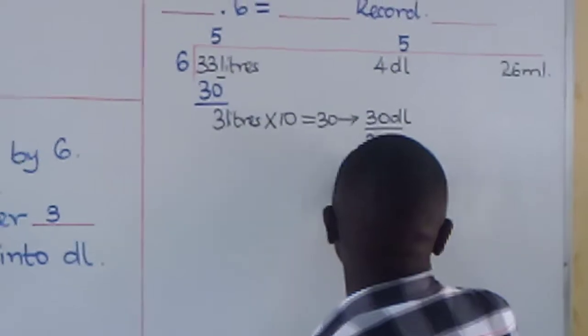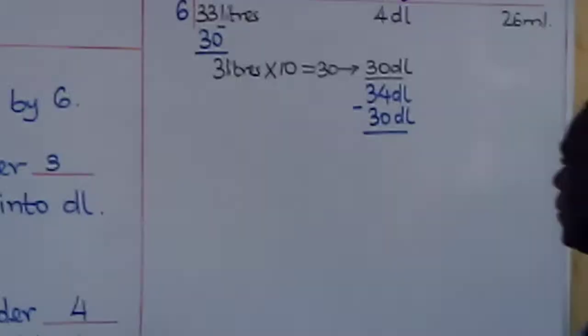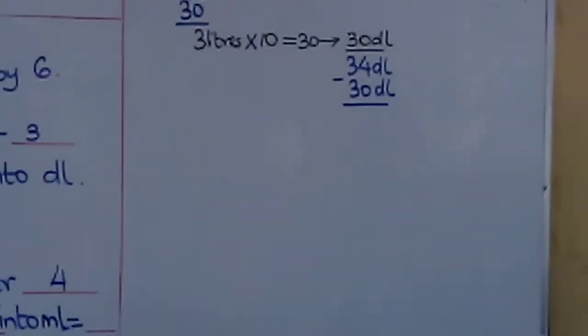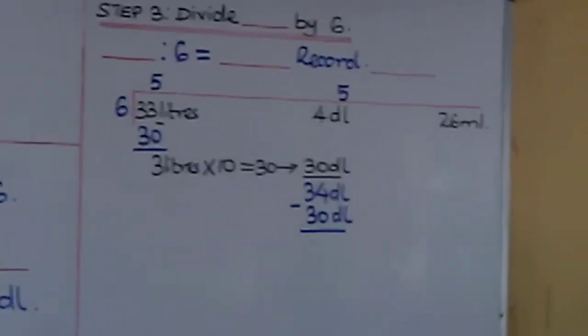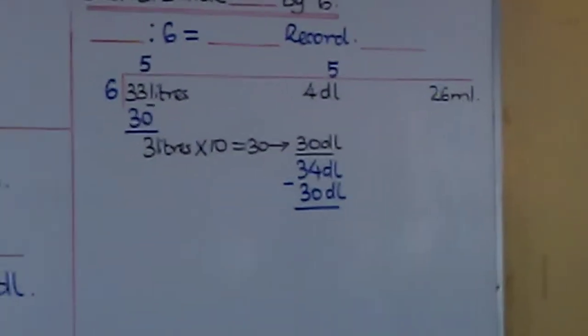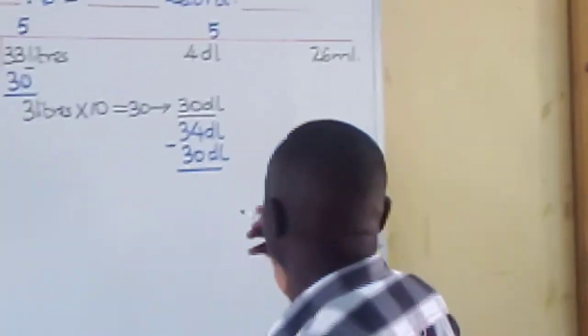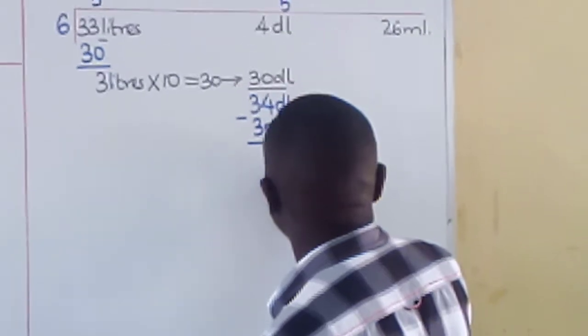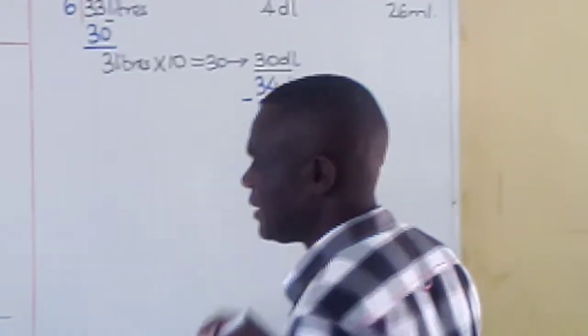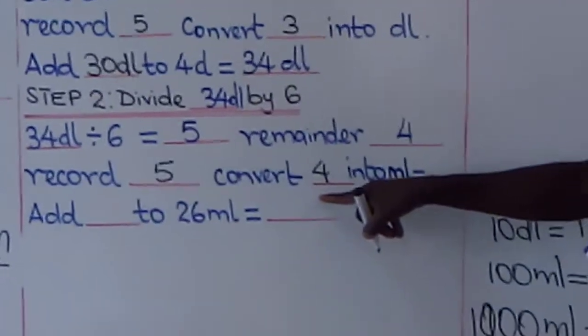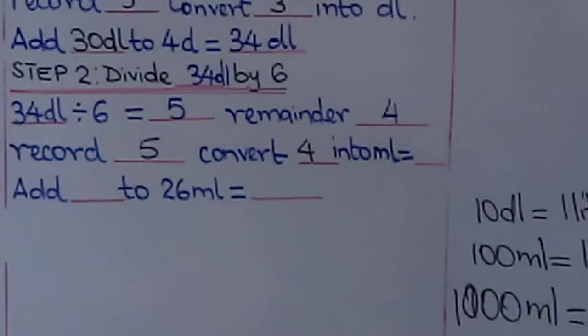Then we subtract. What do we get when we subtract 30 from 34? Shimuli. Very good. The answer is 4 deciliters. Then we convert 4 deciliters into milliliters.